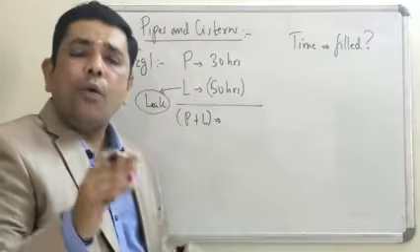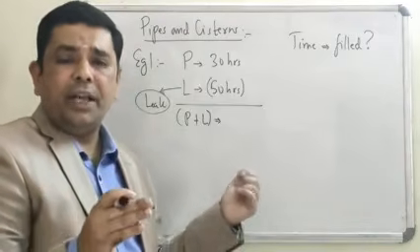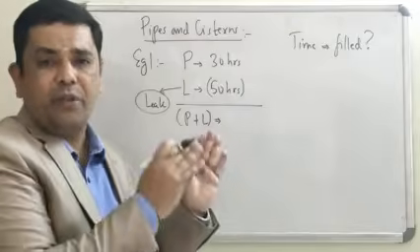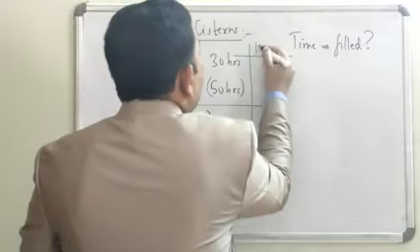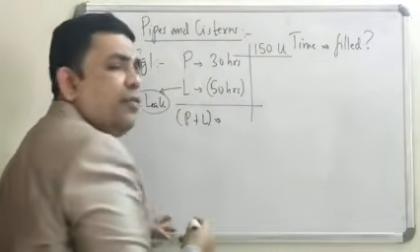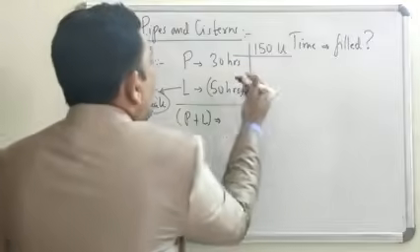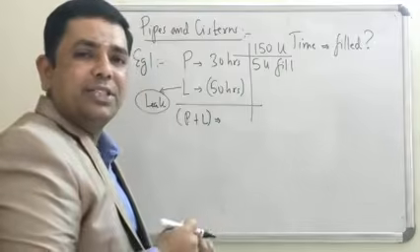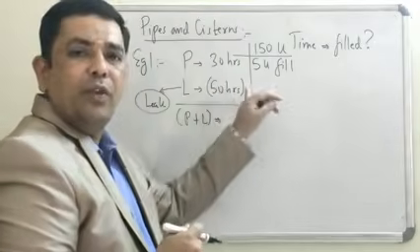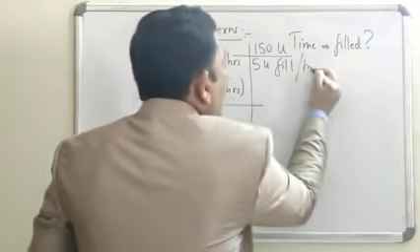Okay, now the approach is going to be the same as what we have been discussing so far. The first thing that we will do is take this as 150 units. And therefore, we will say that the pipe is able to fill 5 units per hour.